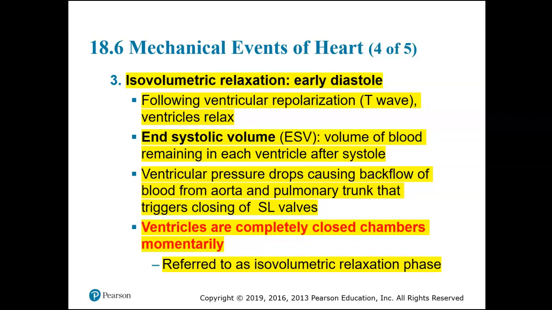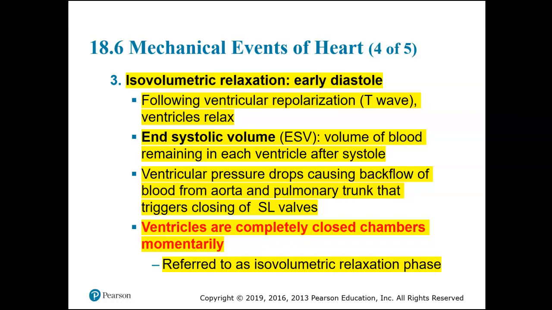And then you have isovolumetric relaxation, or early diastole, and that follows ventricular repolarization. The ventricles relax, and the end systolic volume, the ESV, is the volume of blood remaining in each ventricle after systole or contraction. So there's going to be some blood that doesn't get pumped out of the heart, a little bit that remains.